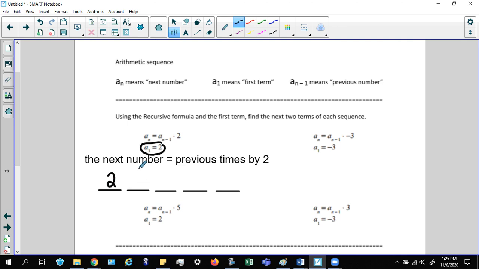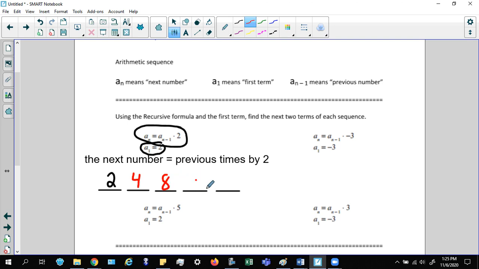Now, this is my next number of the sequence right here. It says in the formula, you take the previous number and you just times it by 2. So very simply, you take the number before it, which is 2, and basically you're just doubling it. To get this number here, you take the number before it and multiply by 2.